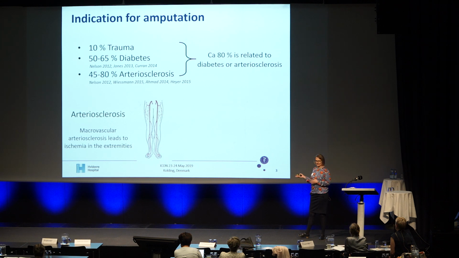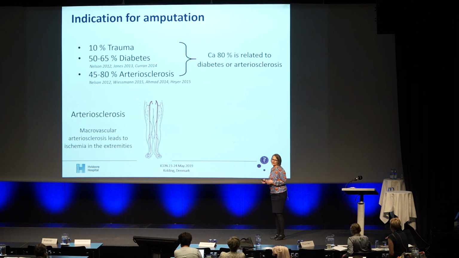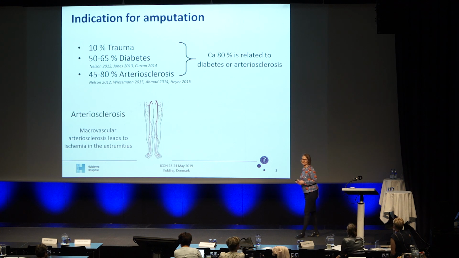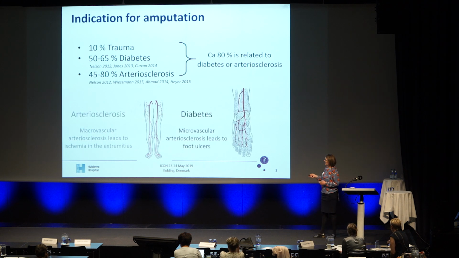And why is that? Well, atherosclerosis is what we call the large vessel disease. So they attack the larger vessels in the extremities. And then for the patient who have diabetes, they are also attacked by what we call the small vessel disease that leads to a foot ulcer.